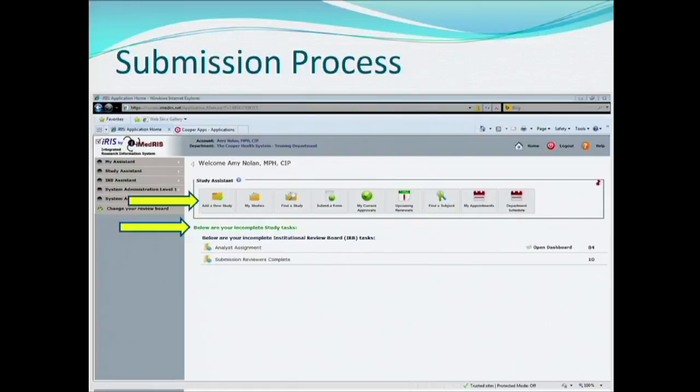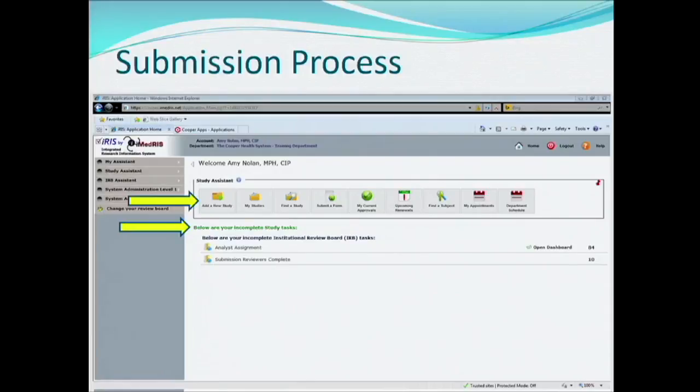You would click Add a New Study, right there, that first arrow. That will take you to your study application that you can copy from the information in your Word document and paste right into iMeasures. And Christine will go through each of those different steps, what that form looks like, so that you can see all the different types of questions that are asked in that form.